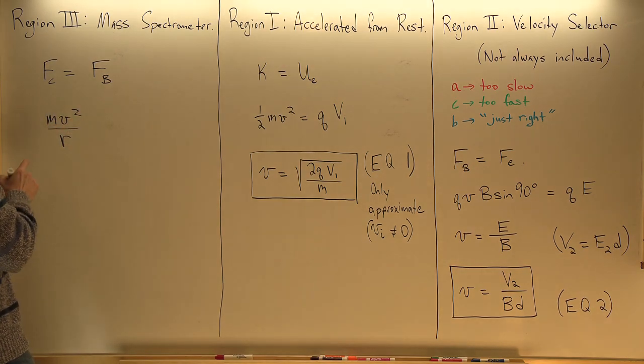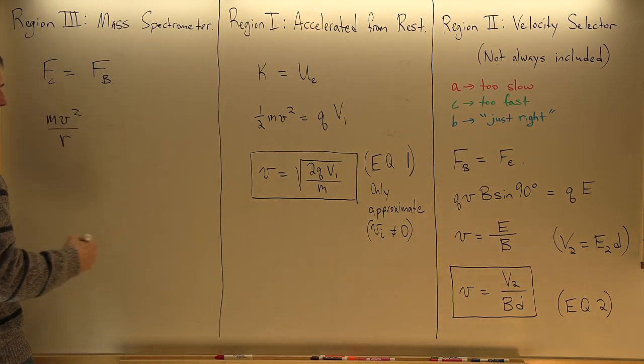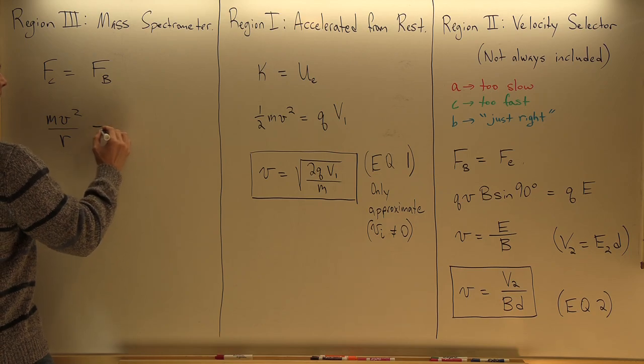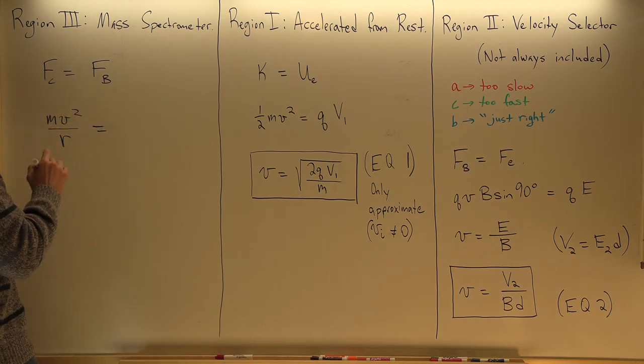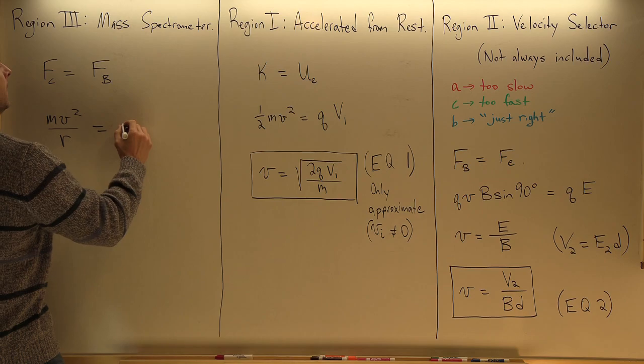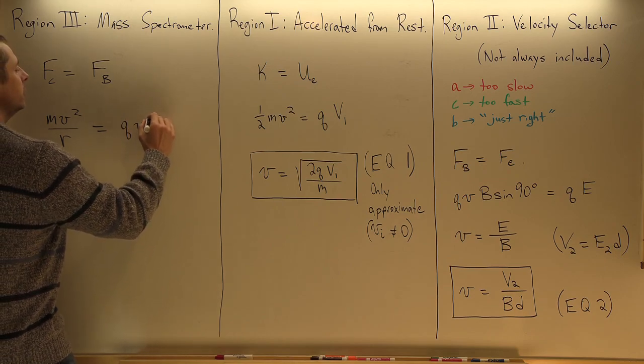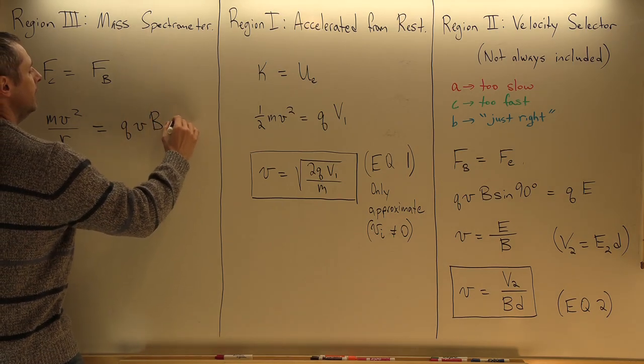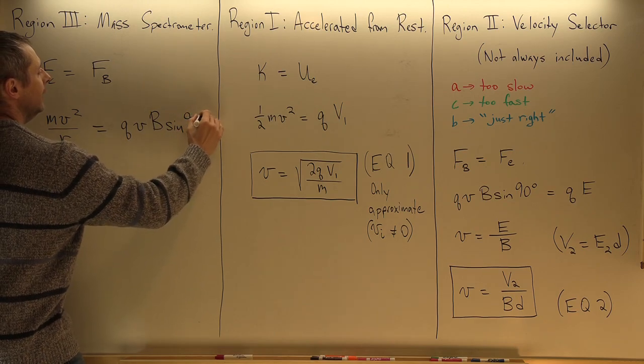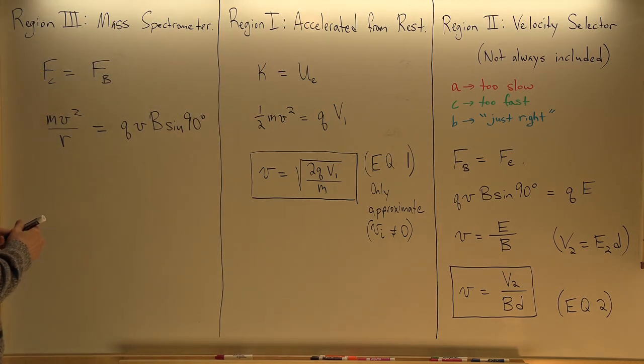So this is mv squared over r for any circular motion. I don't care if it's a rock on a string or a chlorine ion in a magnetic field. This is what the magnetic force must be, or the centripetal force must be. And what we have in this instance is QVB sine 90 degrees, again in that third region that I erased. I'm just going to put a little line here because this is the big idea, but there's two possibilities here, maybe more. Let's suppose I solve for m.